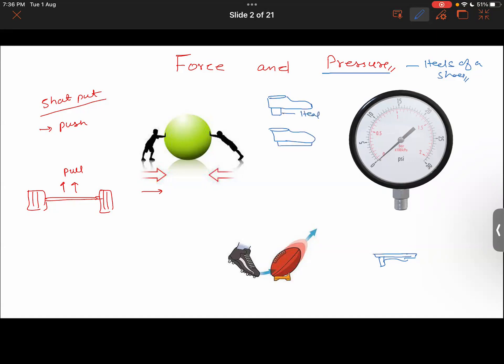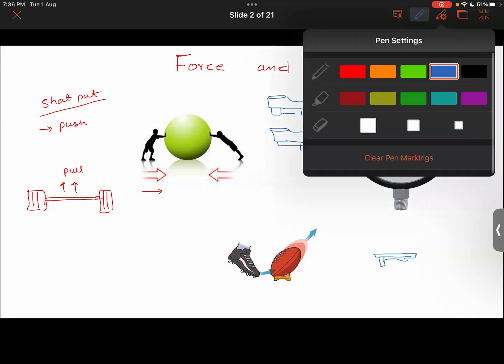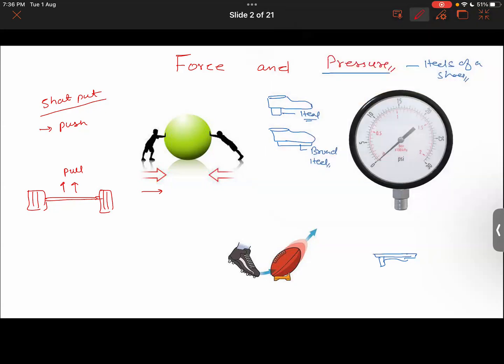If a person wearing a shoe with a very small heel and a person wearing a shoe with a broad heel were to step on our foot, in which case will we be hurt more? In case A or case B? The one with A.